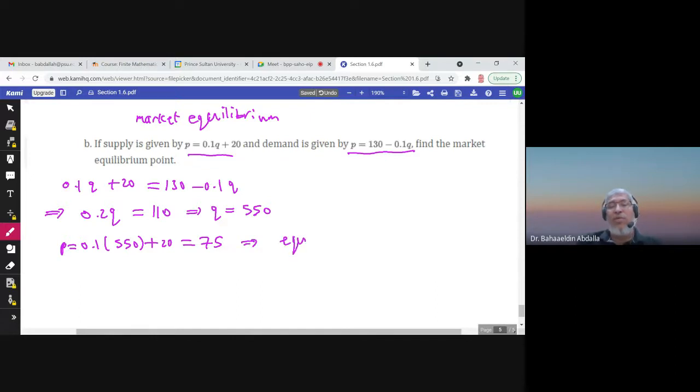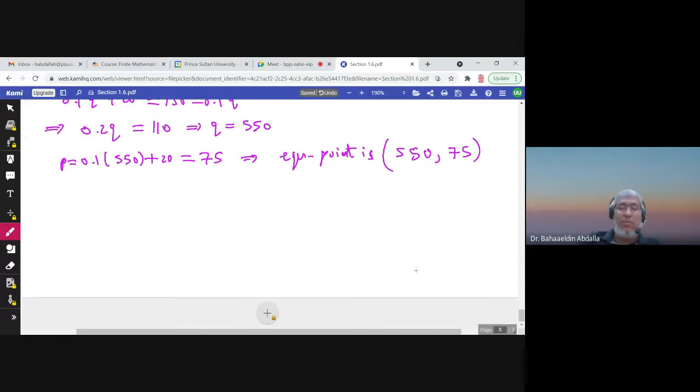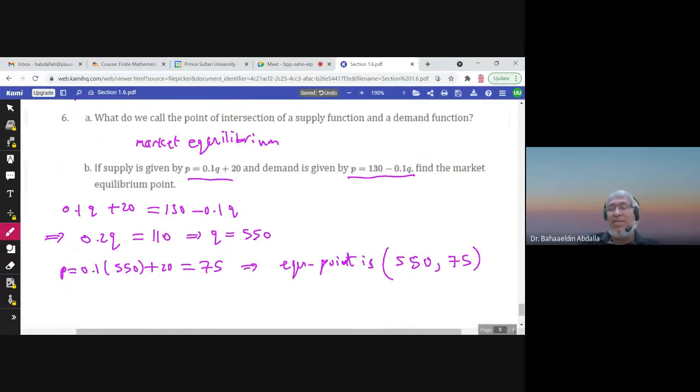So the equilibrium point would be the equilibrium quantity, which is 550, and the equilibrium price, which is 75. So at this price, the supply will be equal to the demand.